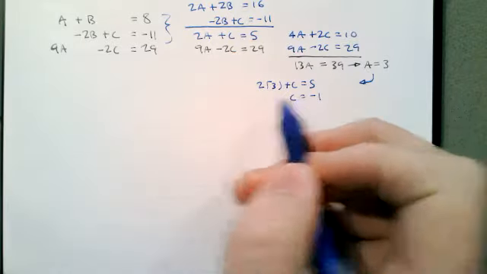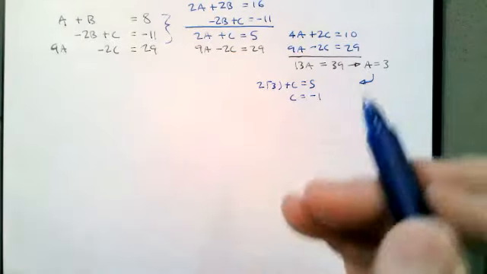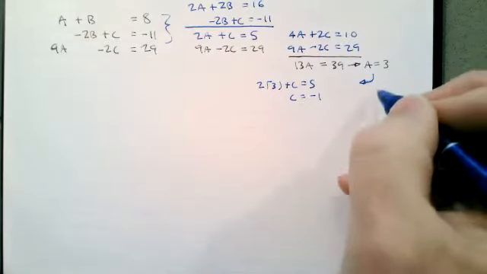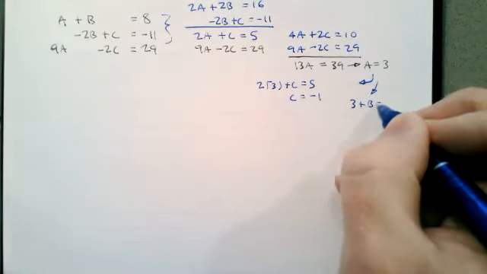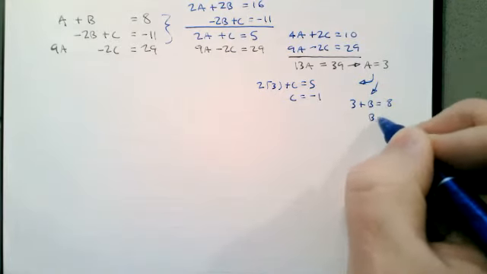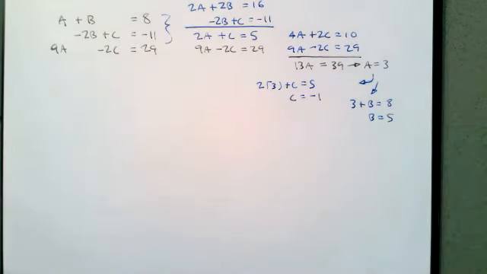And then I can just use the a, and the a plus b is equal to 8. And I could say that 3 plus b is equal to 8. So b is equal to 5. Whatever happens to be most convenient. So now we have found a, b, and c. We have completed the partial fraction decomposition.